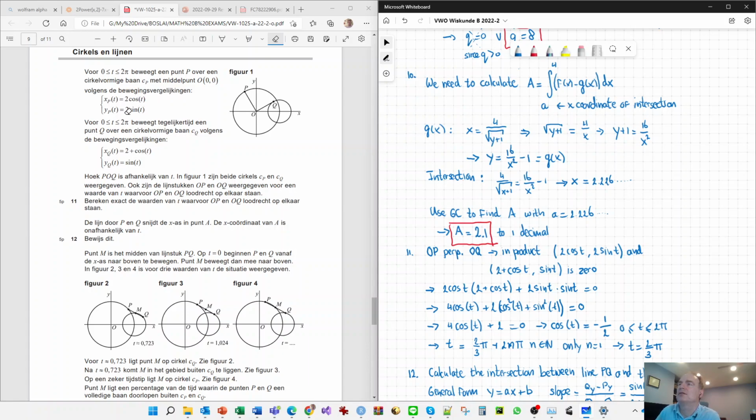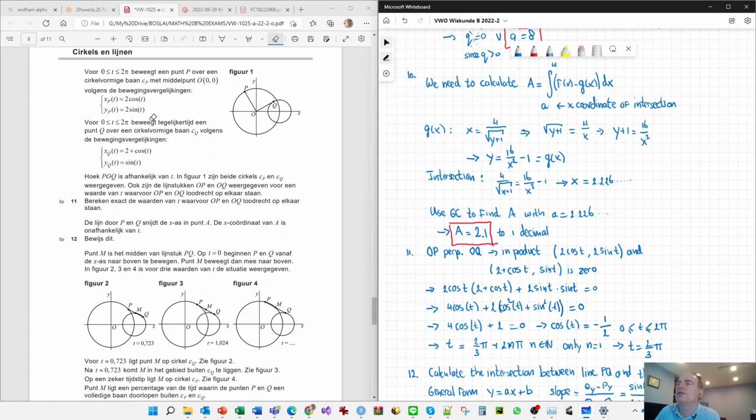This is a circle with center 0, the origin, and radius 2. So that is our P, and then we have a Q in the same interval along the circle CQ with this equation of motion.